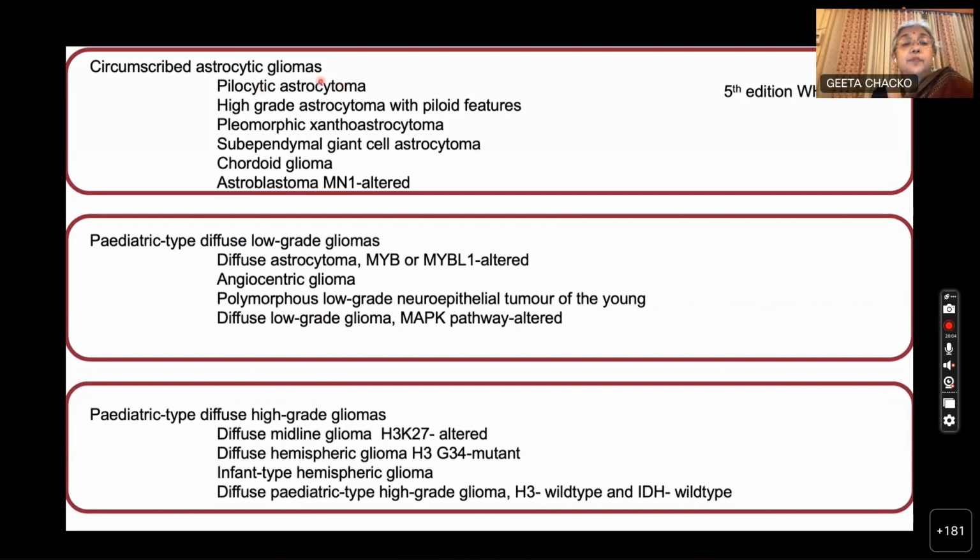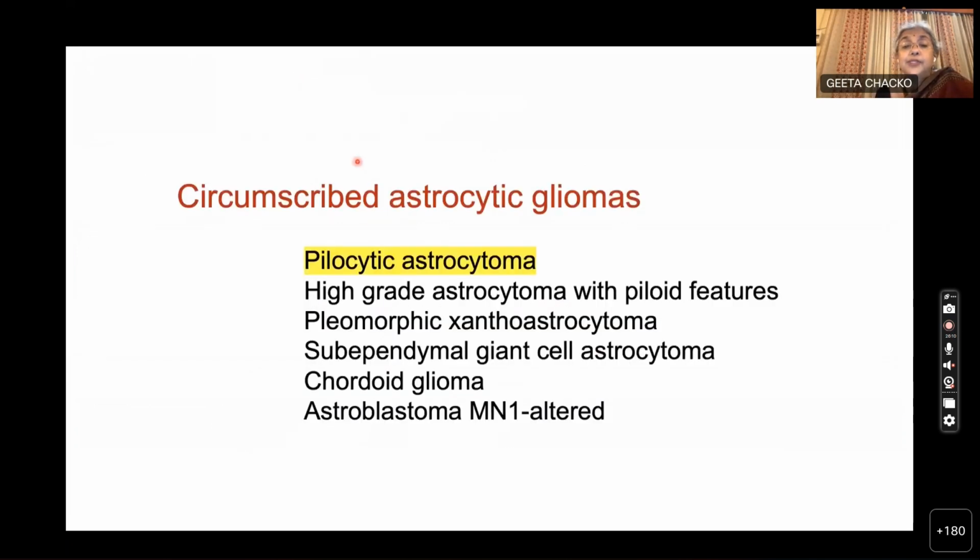Pilocytic astrocytomas in the WHO come under the circumscribed astrocytic gliomas. These include pilocytic astrocytoma, the high-grade astrocytoma with piloid features, which is yet to be totally defined, pleomorphic xanthoastrocytoma, which you saw in the last session with Dr. Vani, subependymal giant cell astrocytoma, chordoid glioma, and astroblastoma, MN1 altered.